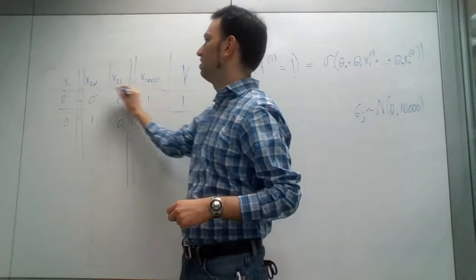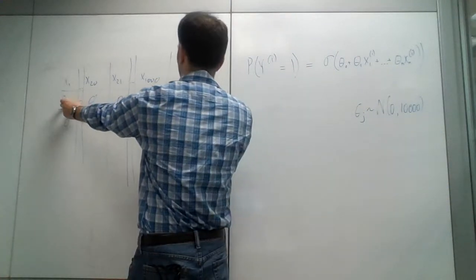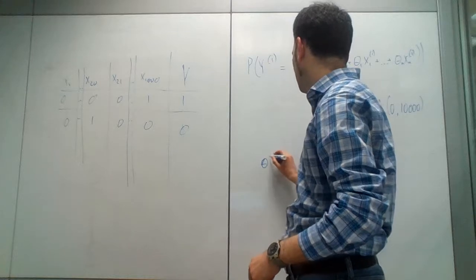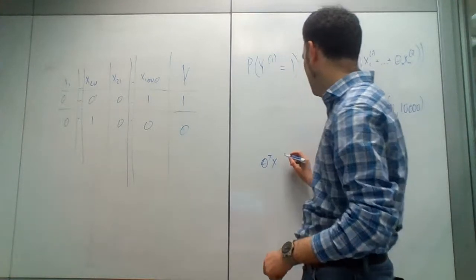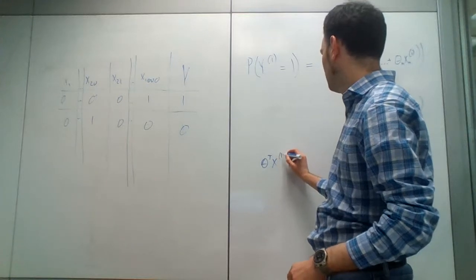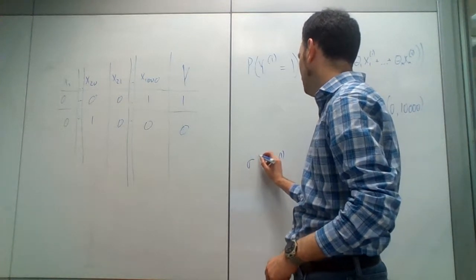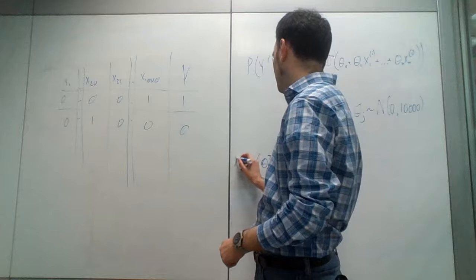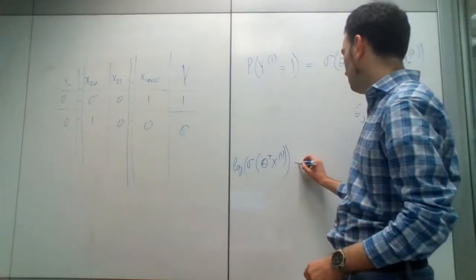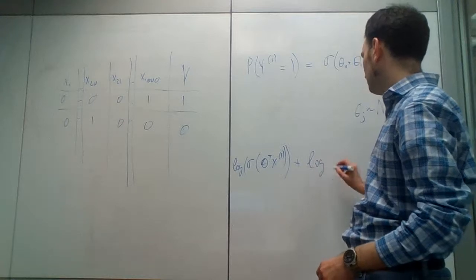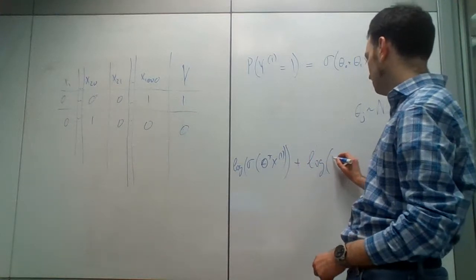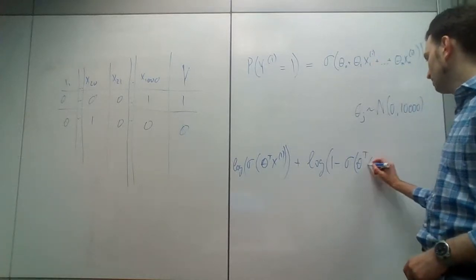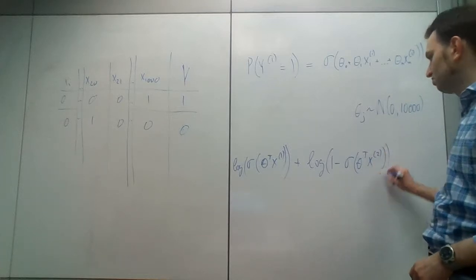It's going to be the log likelihood of this data point, so that's just the log of sigma of theta transpose x1, plus the log likelihood of 1 minus sigma of theta transpose x2.